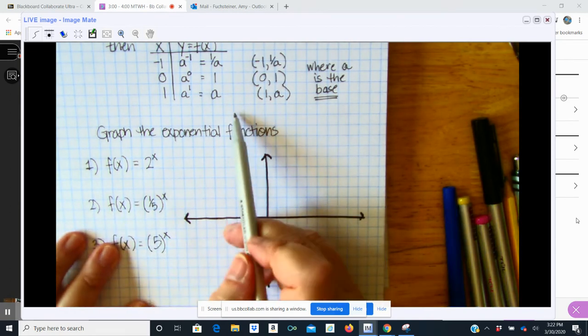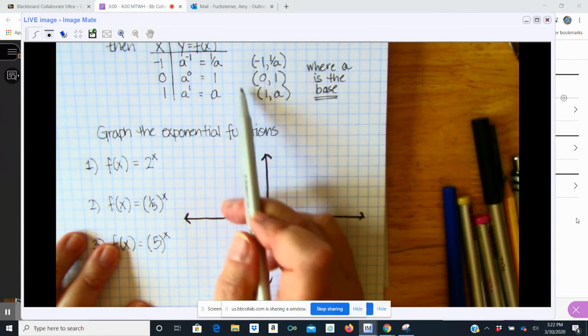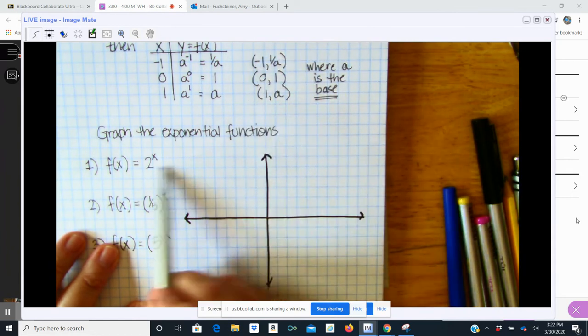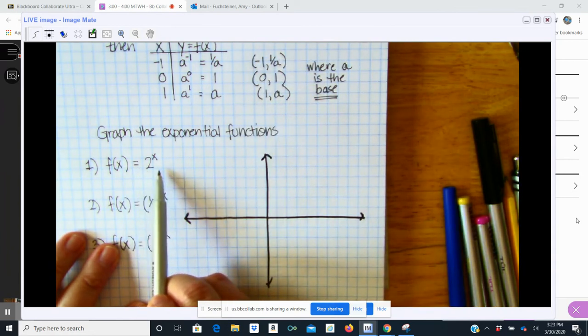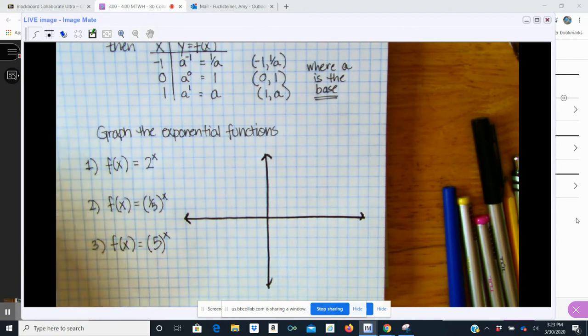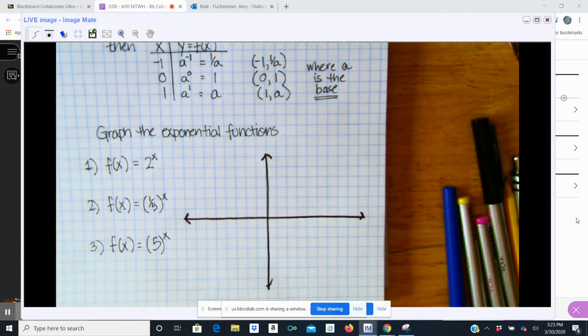So if I use this lovely little trick on this particular problem, I can see that my a value... I feel like I lost something. Well, I cleaned up. I probably shouldn't have.